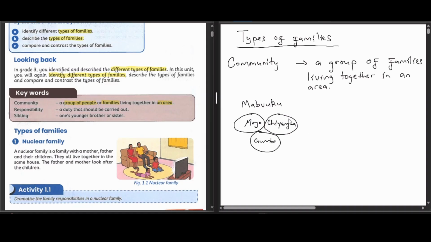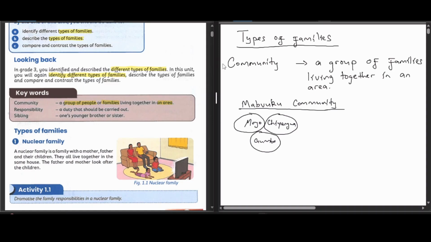Saka mafamilies esa ndo anozogadzira chi Mabvuku community. So you have to know the community you belong to. But unovunza kuti munogara kupi, we are basically asking the community you belong to. So a community is a group of people or families living together in an area.